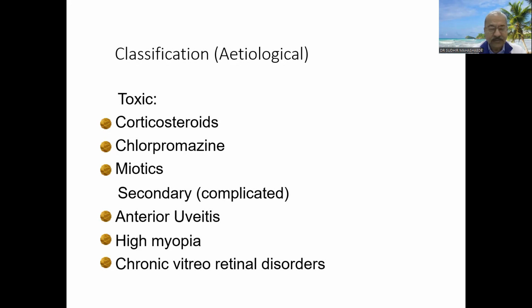Anterior uveitis also affects the permeability of the lens capsule because of changes in the quality of aqueous. High myopia also can lead to early cataract, and chronic vitreoretinal disorders can affect the transparency of the lens, thereby causing cataract.